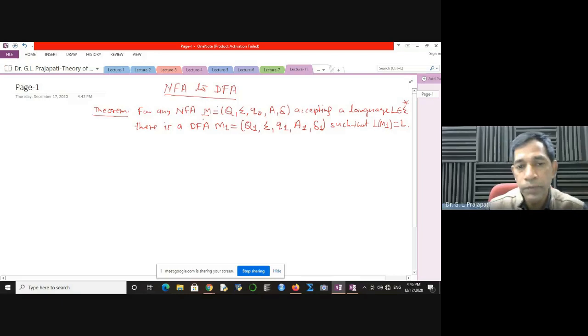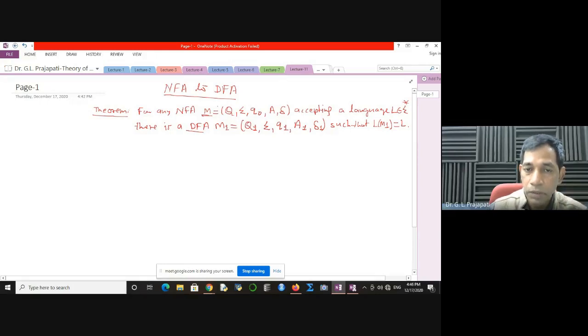So for any NFA, you can convert it into a DFA. Corresponding to any NFA, we will have some DFA. Now the question is how we can convert from NFA to DFA.